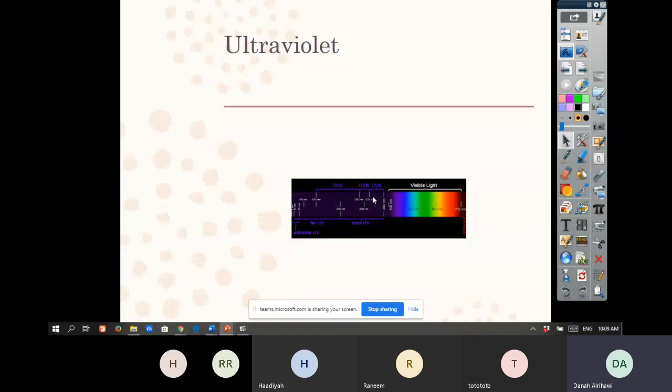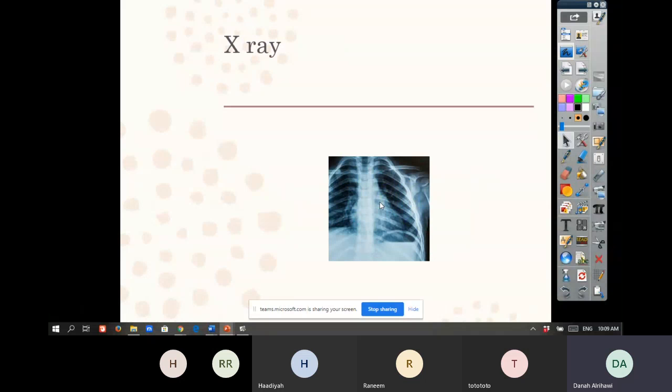Now all the lights after the visible are high energy and they are dangerous somehow. We start with the ultraviolet, and if you stay under the sunlight for a long time, maybe that causes skin burn, and it can also cause tumor in the skin.